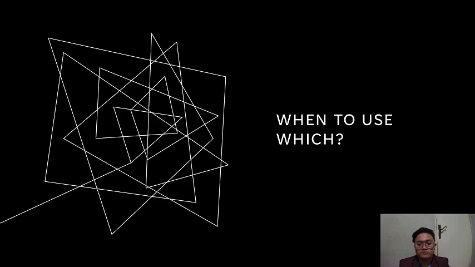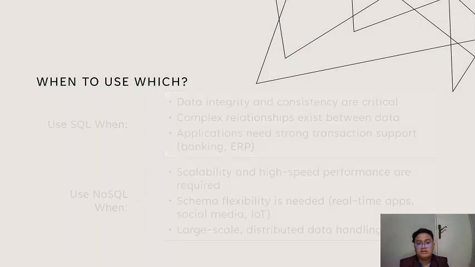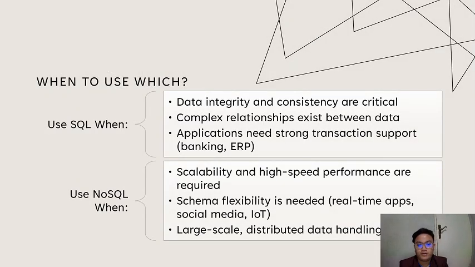Now, when to use which? We can use SQL when data integrity and consistency are critical, or there are complex relationships that exist between the data. Or we can use SQL when the applications need strong transaction support, such as applications for banking or for ERP.